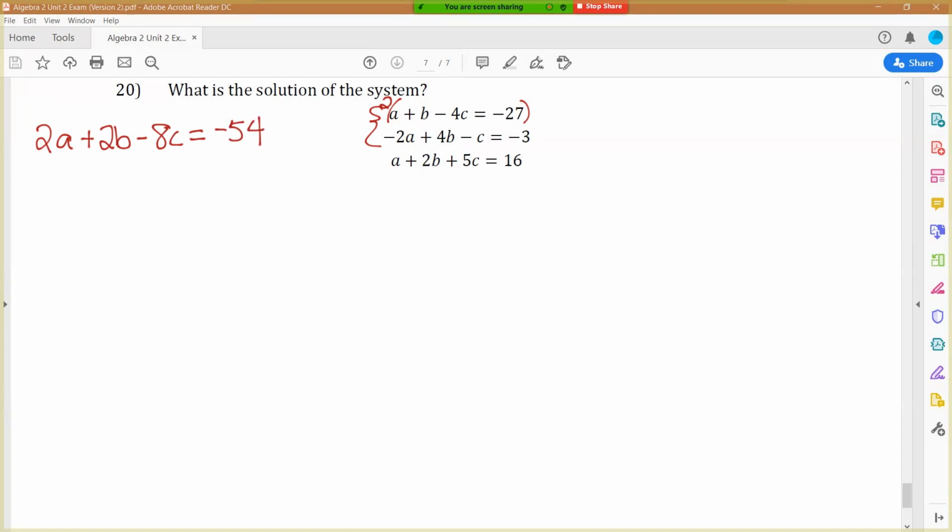So that's the whole first equation multiplied by 2. 2 times a is 2a, 2 times b is 2b, 2 times negative 4c is negative 8c, and then 2 times negative 27 is negative 54. Thankfully, the second equation already has negative 2a to begin with, so we're just copying it down.